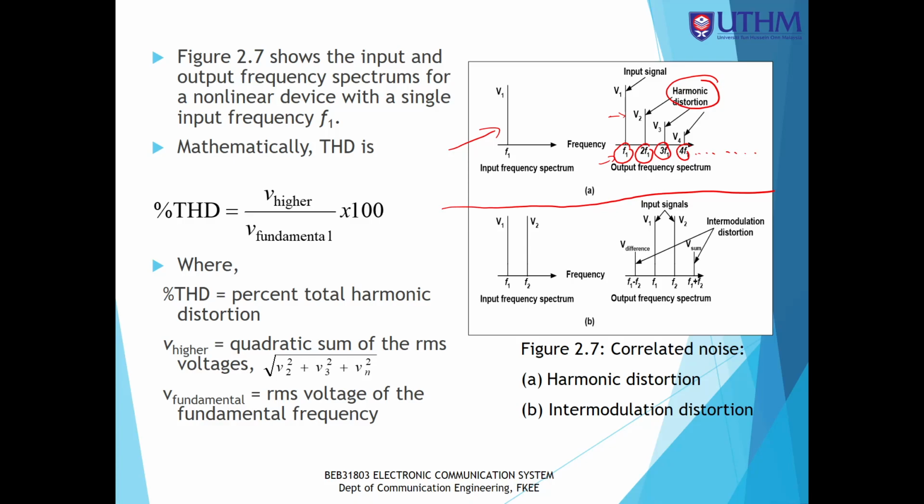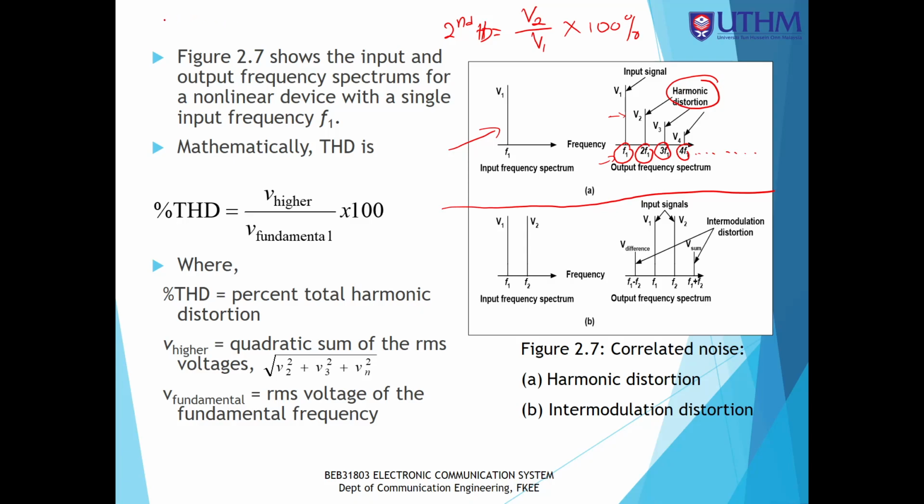How do we calculate the second order harmonic? Second HD is equal to V2 over V1, the fundamental, and we normally multiply it by 100% so we get the value as a percentage.